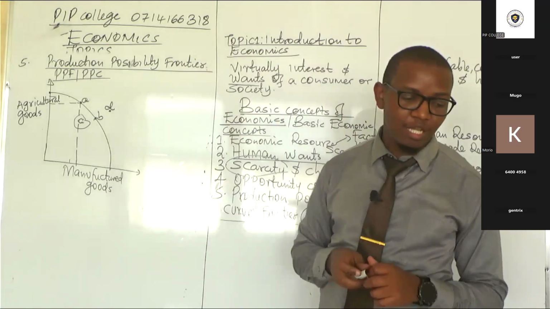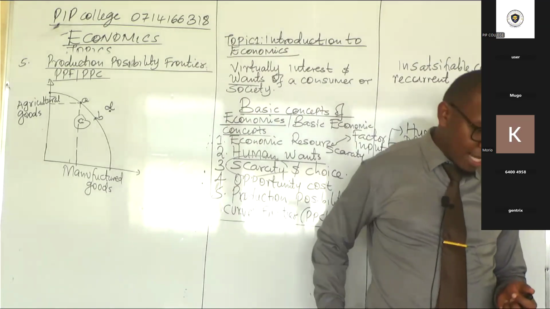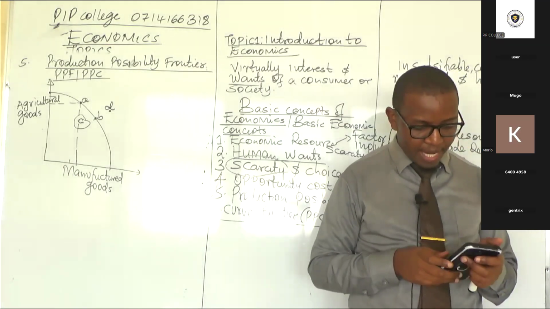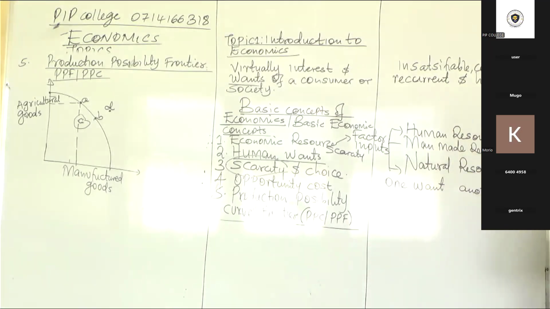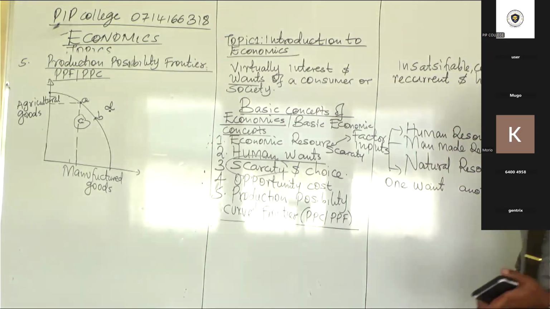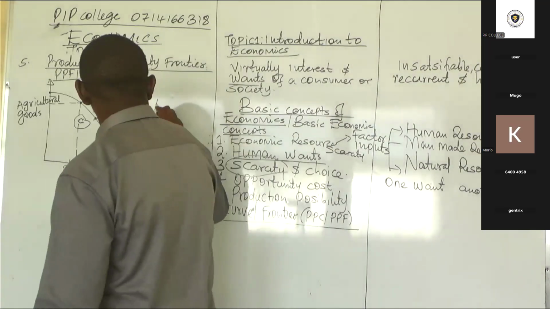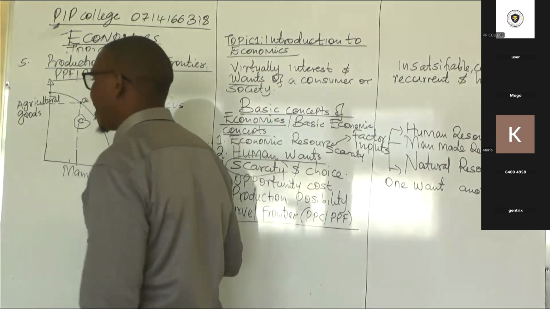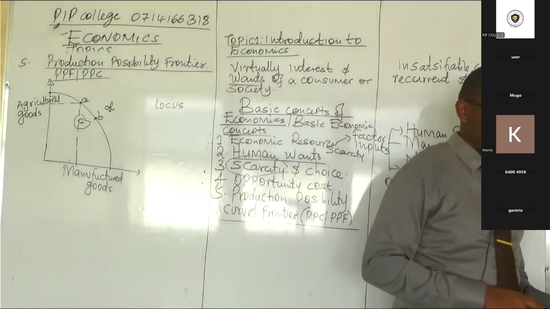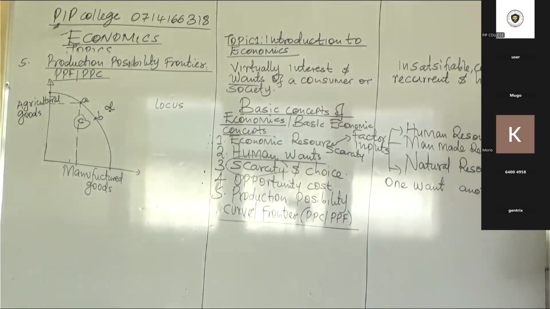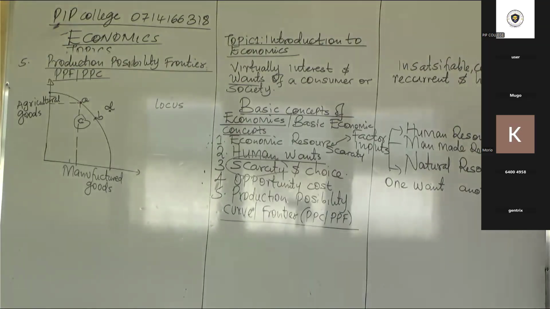So you write and say, this is a line or locus of all the combined points representing goods and services.